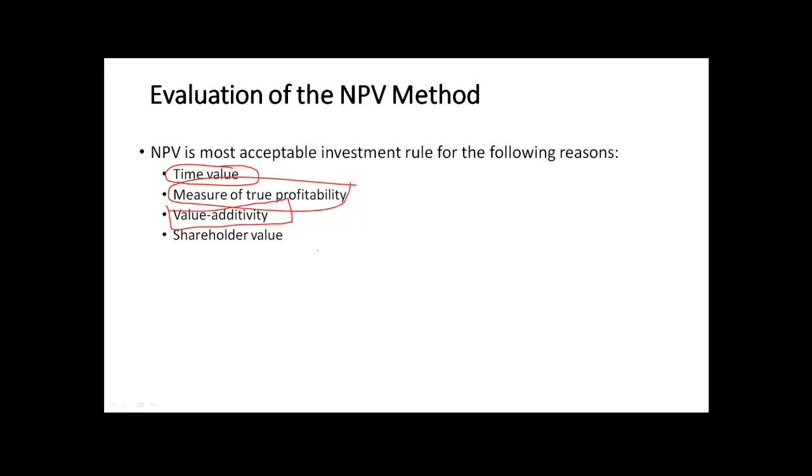Value additivity is like if you are investing in a project A and a project B, the NPV from both the projects, A plus B, is equivalent to the individual NPV of A plus NPV of B. So that is why we call it value additivity.